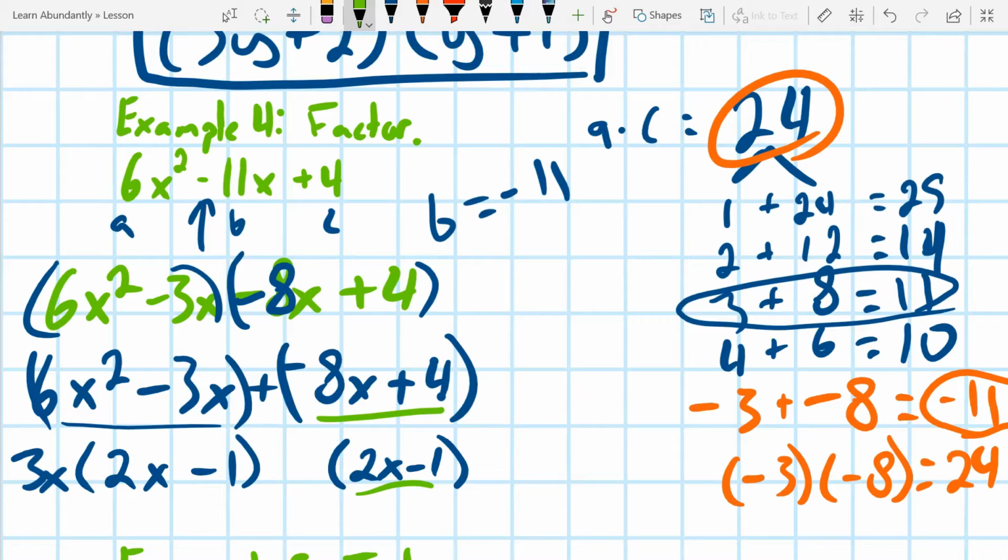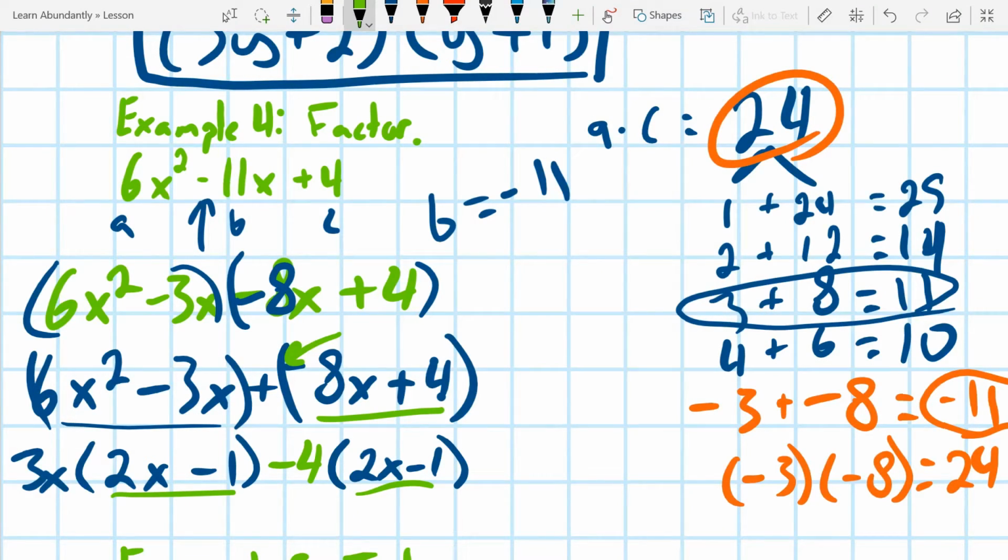But if we took out a 4, what would we end up with? Well, we wouldn't end up with a minus 1. We'd end up with a positive 1. We'd end up with a negative backwards. So what we're actually going to take out, since we have this lead negative right here, I'm going to take out a negative 4. So whenever I have a negative in front of my x, I pull out that negative. And so now I get these two match.